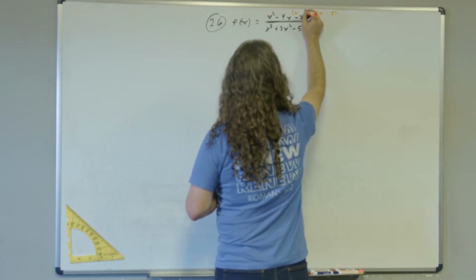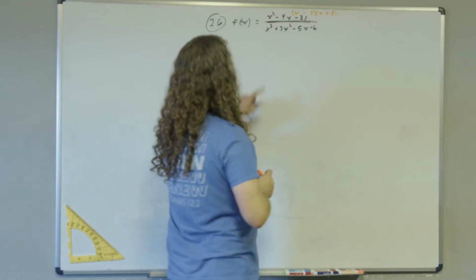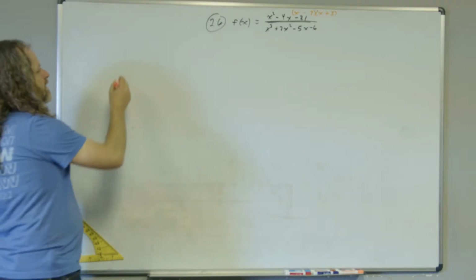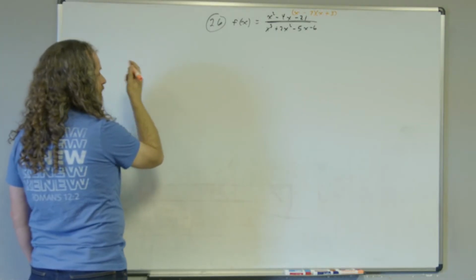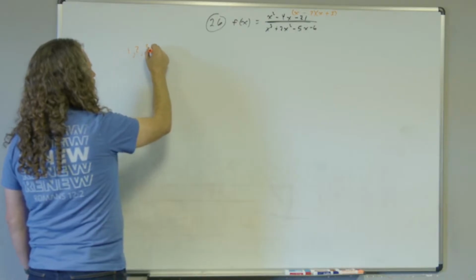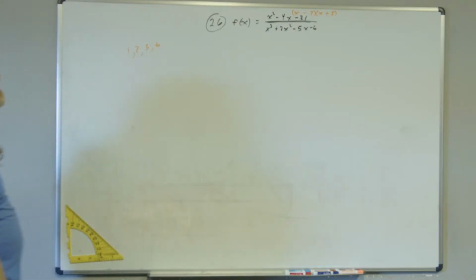Yeah, 7 and 3, minus and plus. This one is slightly less easy. What should we do? Find all the possible real zeros, which is 6 over 1. So it could be plus or minus 1, plus or minus 2, plus or minus 3, plus or minus 6. True enough?